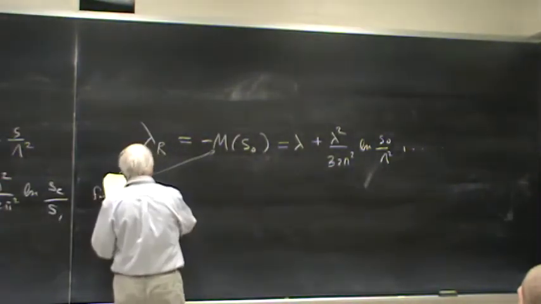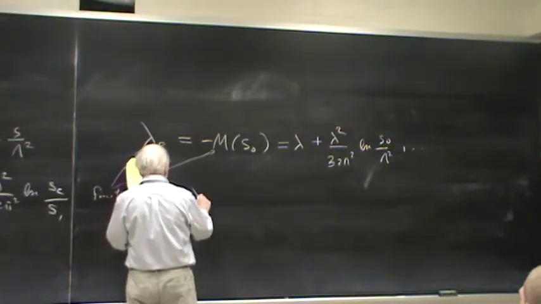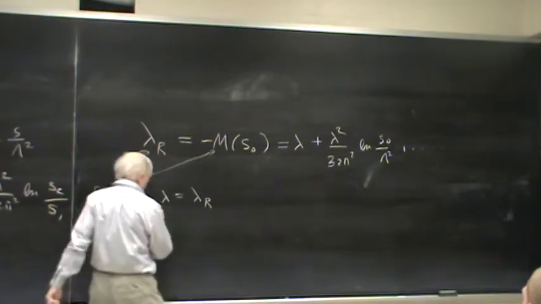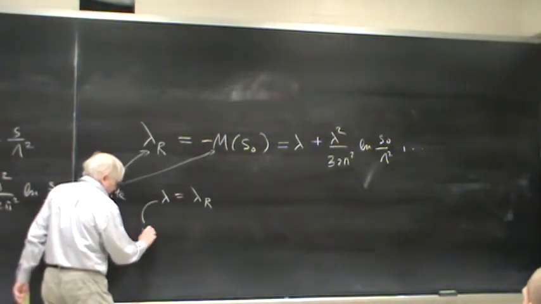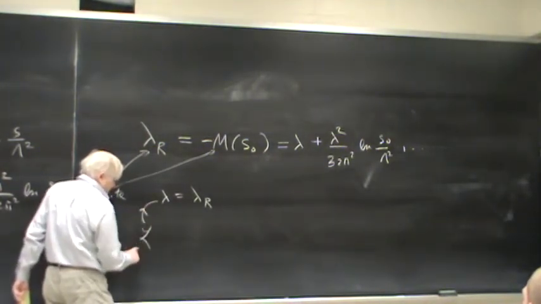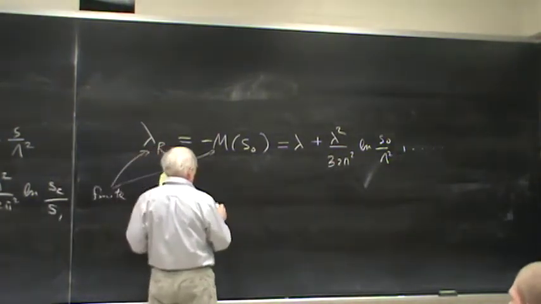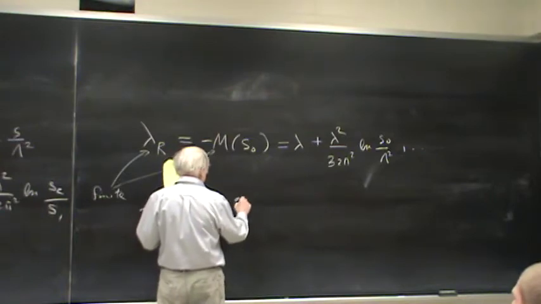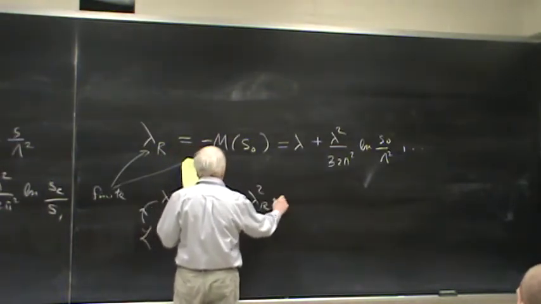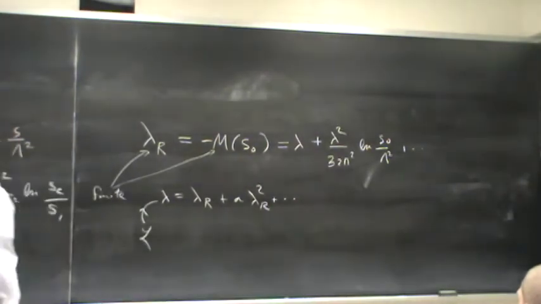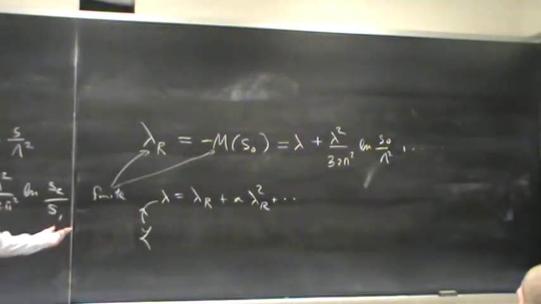In any event, lambda is the parameter in the Lagrangian, and we can say that it's some sort of power series in the finite lambda r, and that makes sense because this could be a divergent power series.